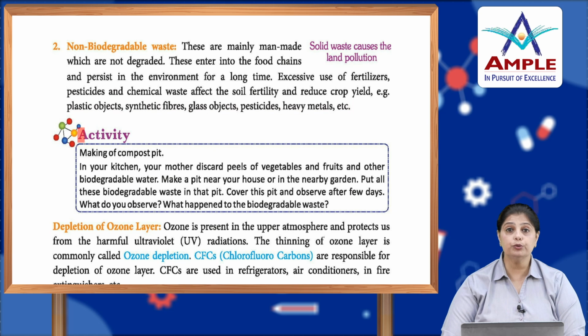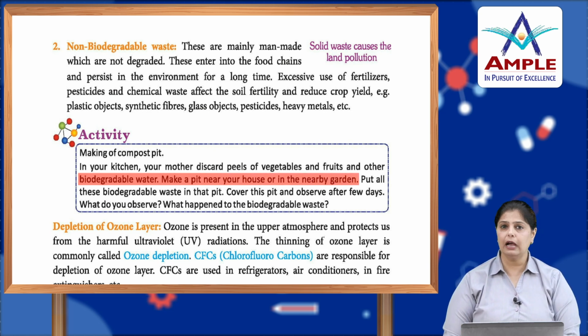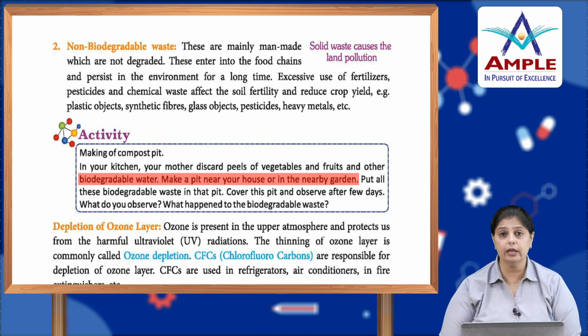Now, you have to do this activity. You have to make a compost pit. In your kitchen, your mother discards peels of vegetables and fruits and other biodegradable waste. So, make a pit near your house or in a nearby garden. If you have any garden area near your house, you can make this pit over there.